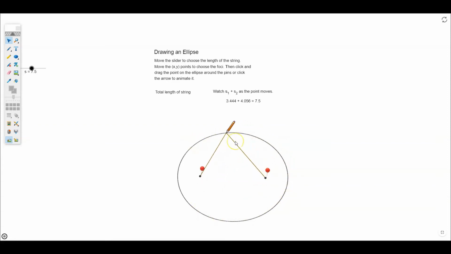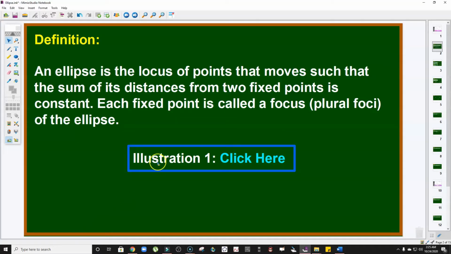The definition of the ellipse is the locus of points that move such that the sum of its distances from two fixed points is constant. And that 7.5 is the constant. And these push pins are what we call the foci. Clear? Okay, so let's go back.